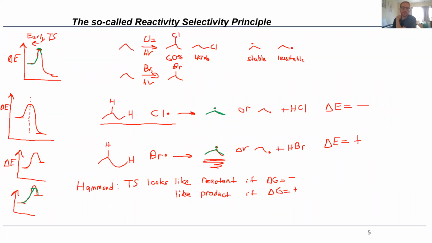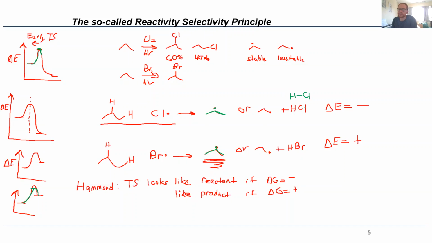I got a question that said, can you explain why the reaction with chlorine is exothermic? I know the HCl bond that's formed is strong, but isn't the alkyl radical a lot less stable than the chlorine radical? Yeah, so this is just when we think about bond strengths. I don't have the number for the BDE of HCl written down, but the HCl bond is stronger than the carbon-hydrogen bond.